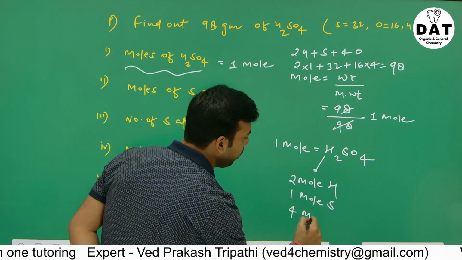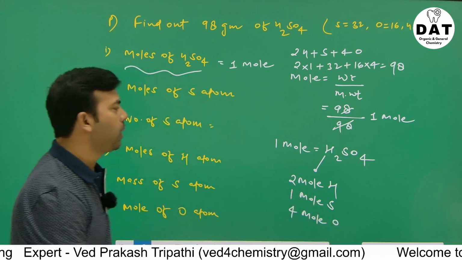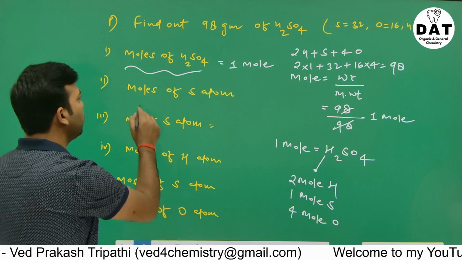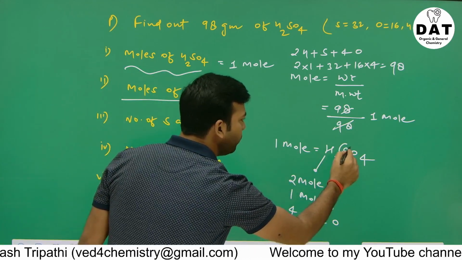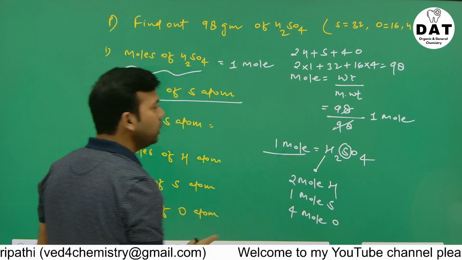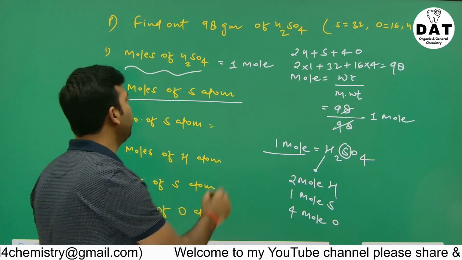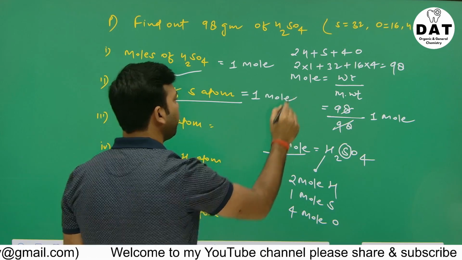Clear? Makes sense? So it is talking about the mole of sulfur atom. Sulfur is just 1 atom here and we have 1 mole, so you can say we have 1 mole sulfur atom.